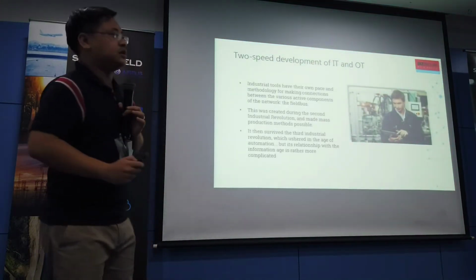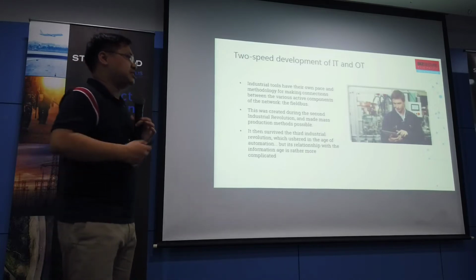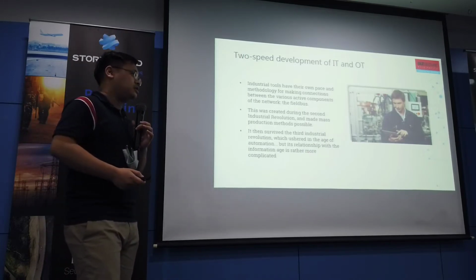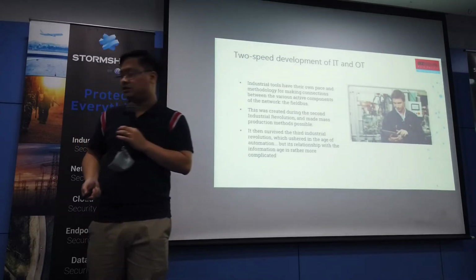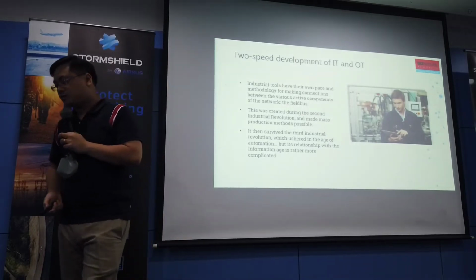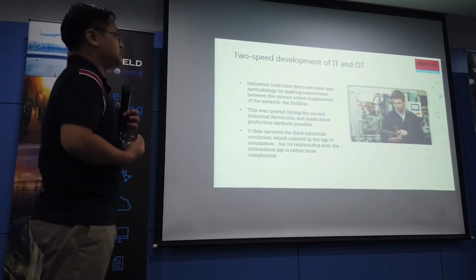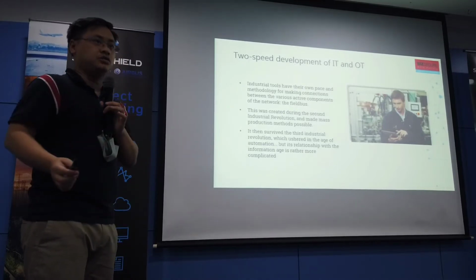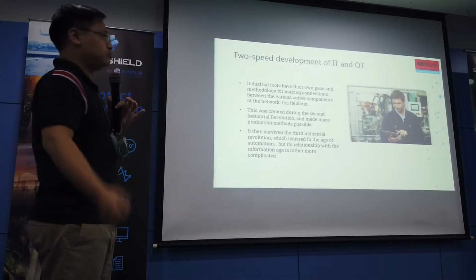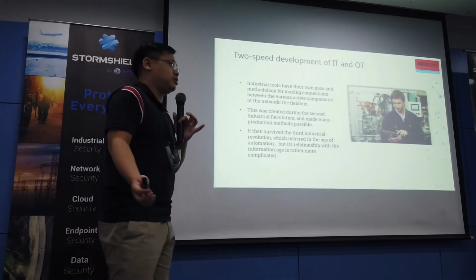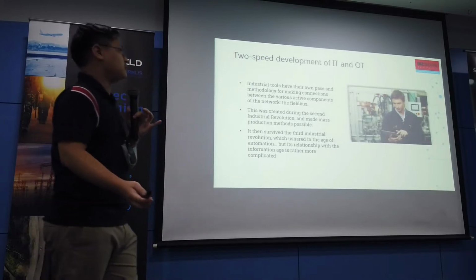What we need to understand is that, yes, industry has changed a lot. It has changed through time, and again, it is changing today. But between IT and OT, of course, IT is evolving much faster. There's no competition here.